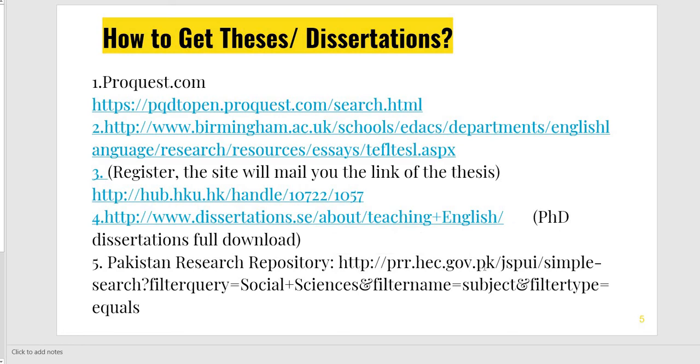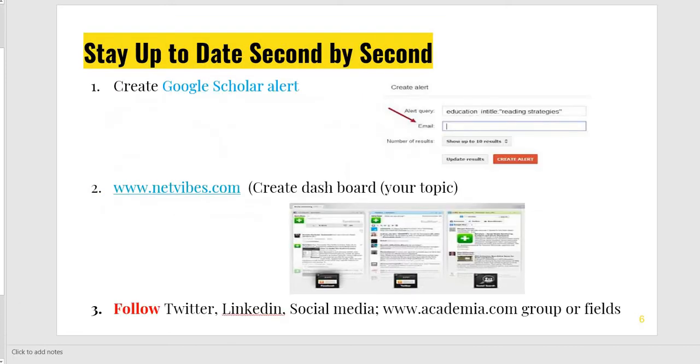You can also download theses from this link. There is the Pakistan Research Repository. I have also shared its link with you, prr.hec.gov.pk. You can get all theses which have been published in Pakistan.